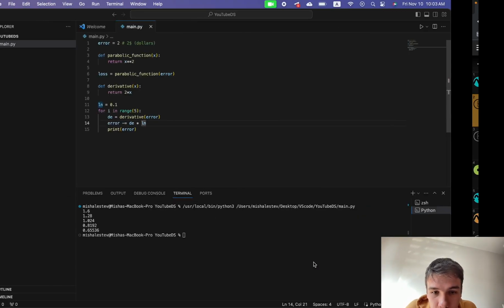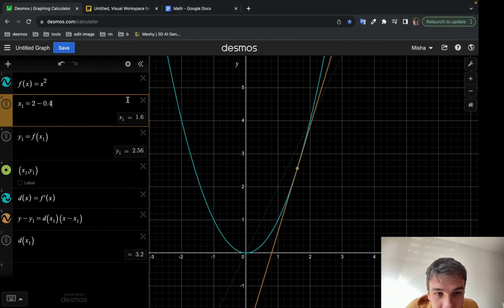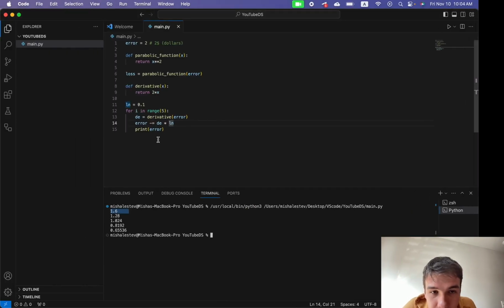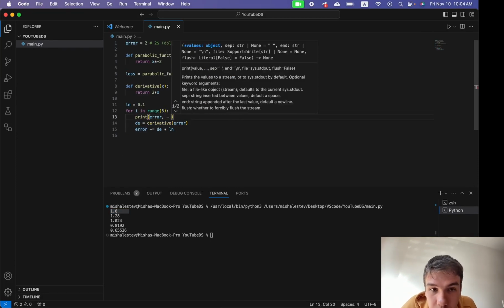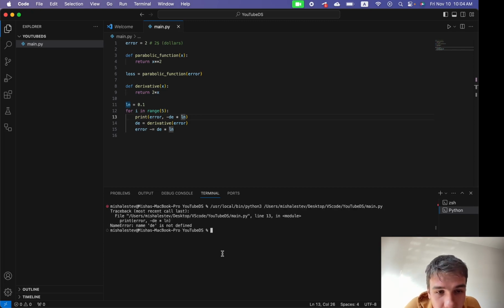Now let's check what we've made here. As you can see, we got 0.6 here, and now we have 0.6 as well. First I'm going to print my error before this, and then I'm going to print the derivative multiplied by the learning rate, with a minus before them, so it becomes our subtraction.